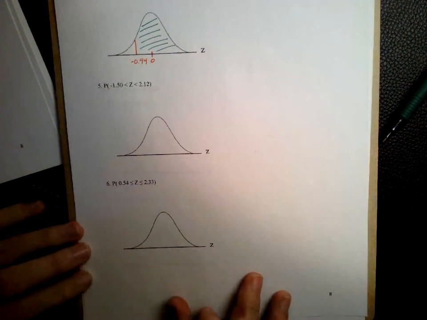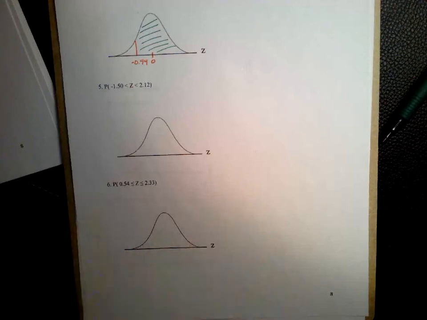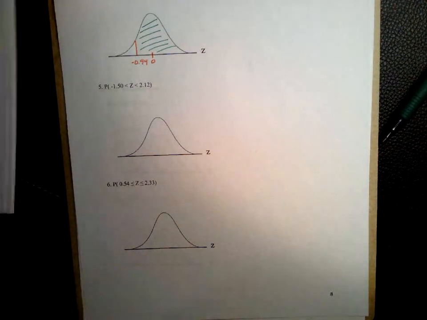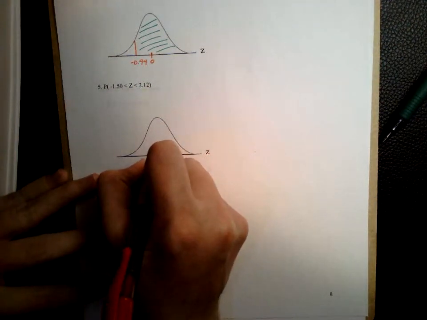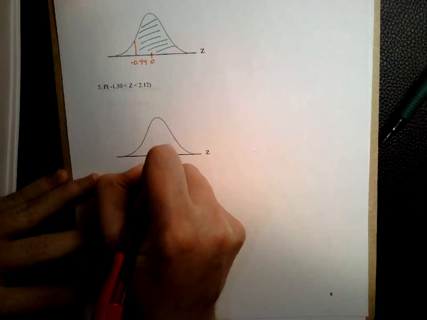What happens if I want to look at the area between two z-scores? Let's look at this first example and we'll illustrate how to do that. Let's do it first graphically. It'll be a lot easier to interpret that way. So here in the middle we have the mean of 0.